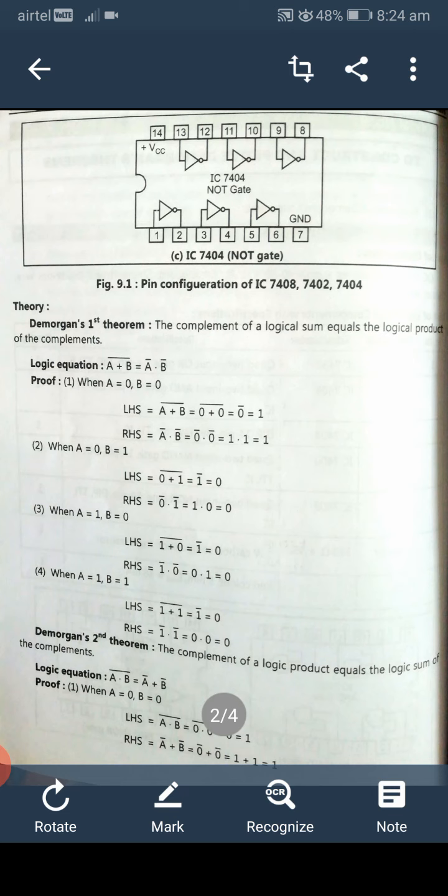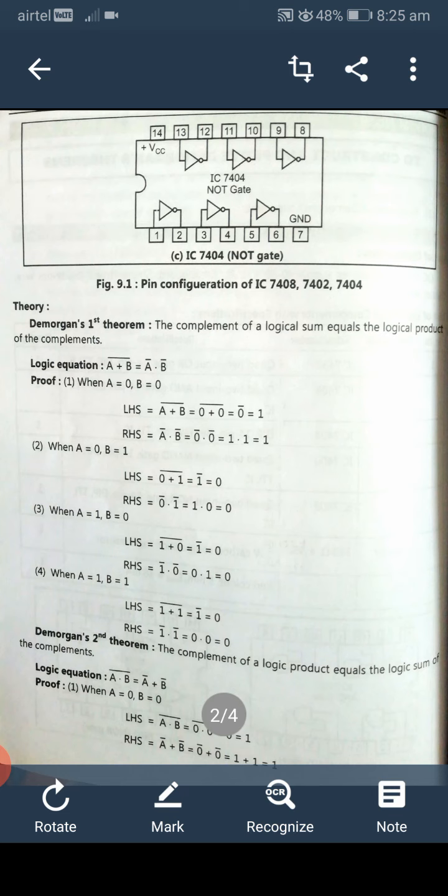A is equal to 0 and B is equal to 0. Left hand side of this logical equation is complement of (A plus B) is equal to complement of (0 plus 0), that is complement 0, and the output is 1.